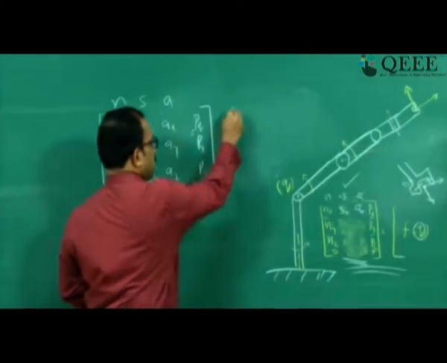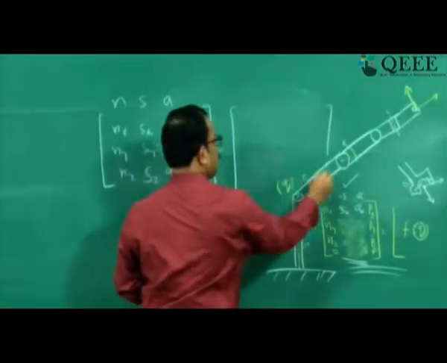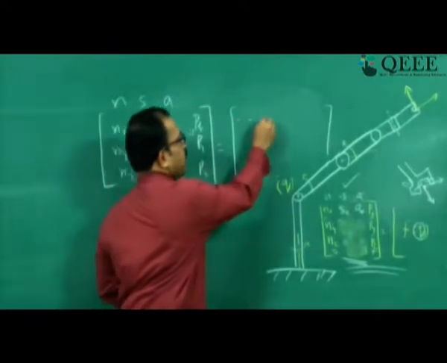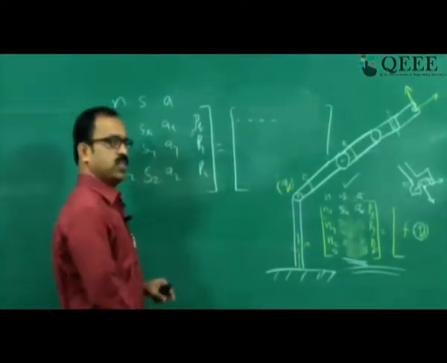And for the forward arm matrix or forward equation, this will be given as a function of joint variables.